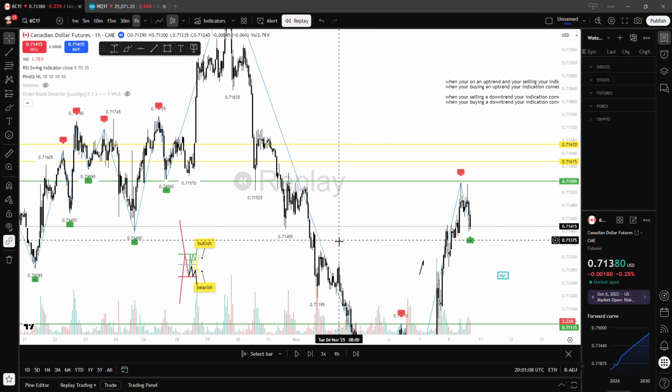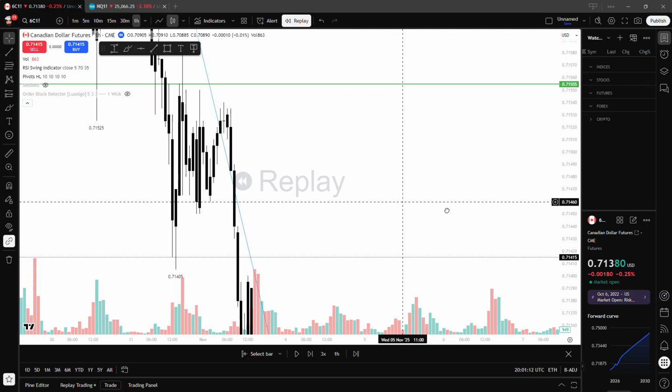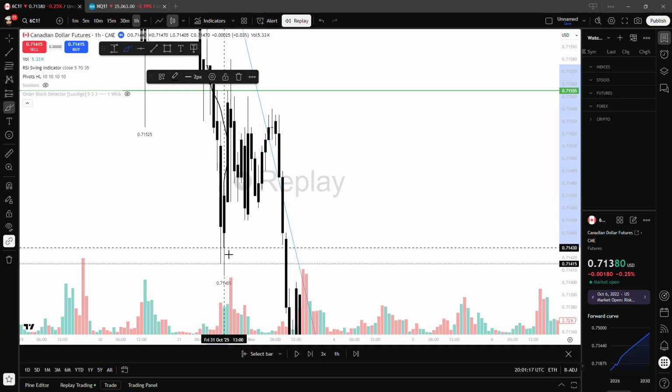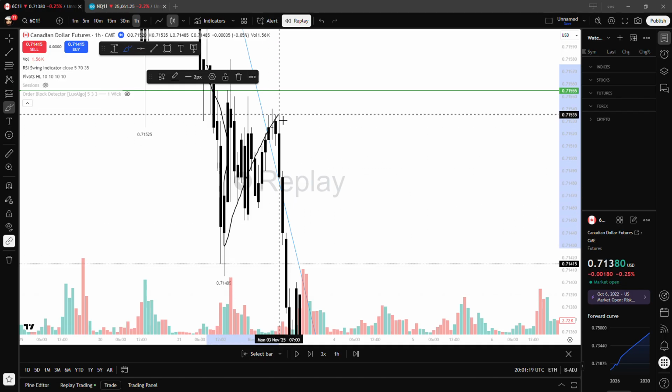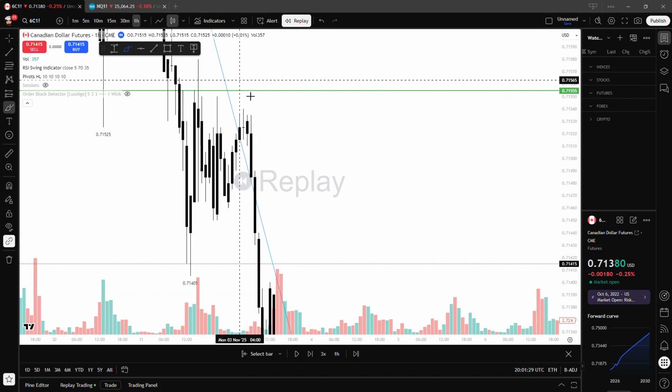When you're buying a downtrend, your indication comes from in front. So something like this, it comes down, boom, and that's your indication. Or no.